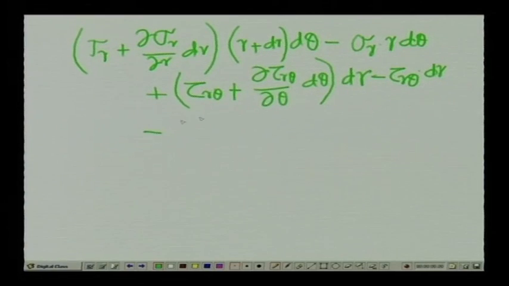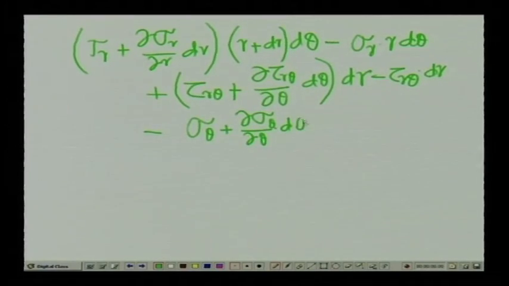Minus, corresponding to sigma theta, we have sigma theta plus del sigma theta del theta over length d theta acting over the area dr, minus this multiplied by d theta by 2, as we have seen, the sine component of that.